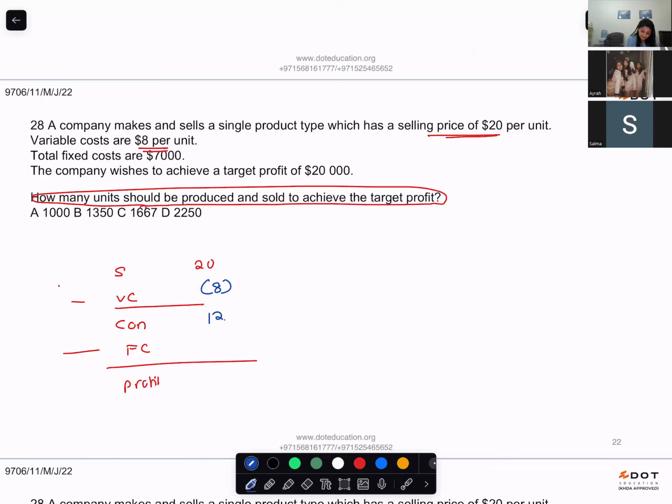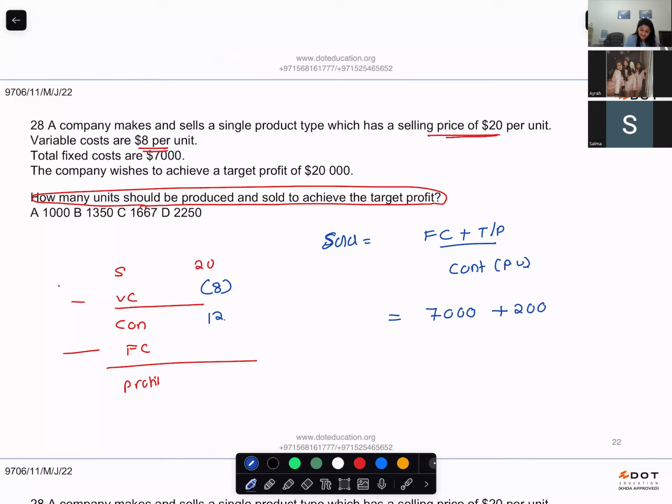I don't know how many. I want to find the number of units produced. How will I find out? So units sold to achieve the target profit would be fixed cost plus target profit divided by contribution per unit. What is our fixed cost? 7,000.